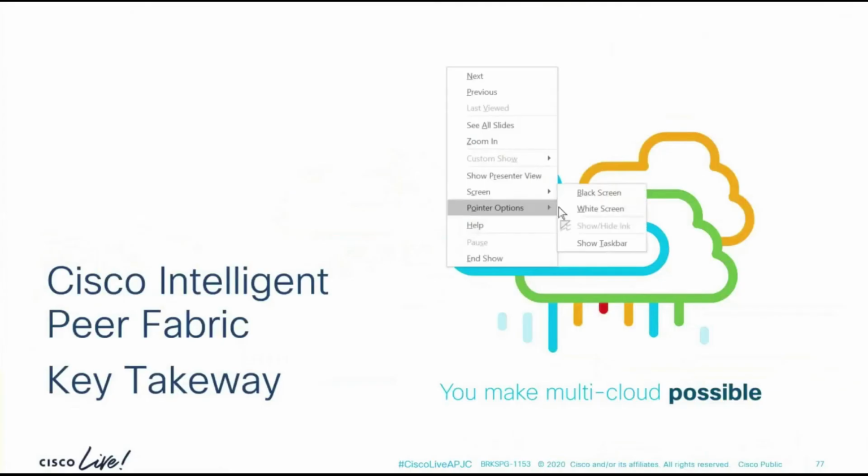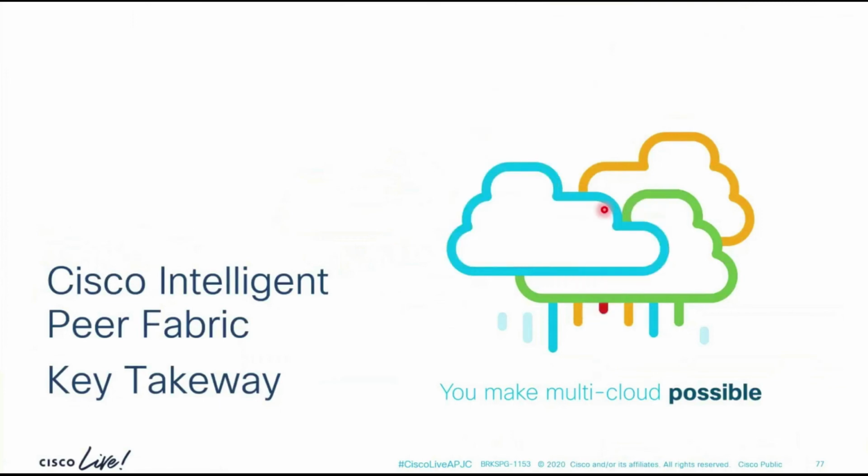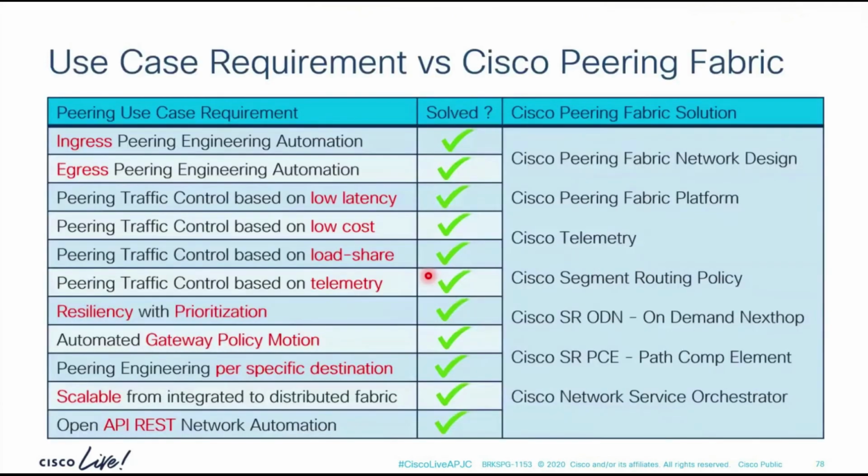I hope you guys can follow the demonstration and really see the benefit of this intelligent peering fabric automation. So I'd like you guys to have the key takeaway. We have built our automation to solve all these peering use cases.